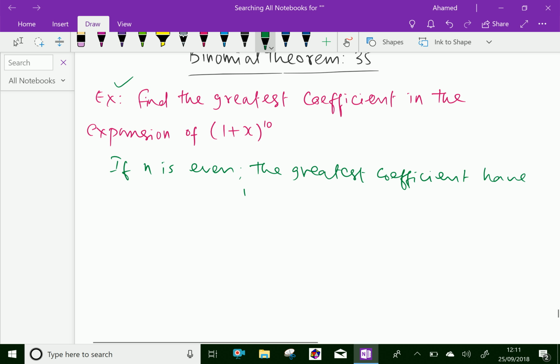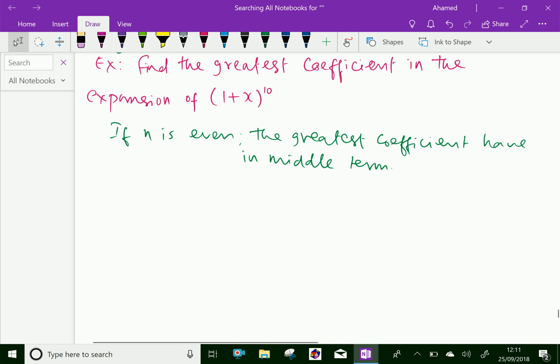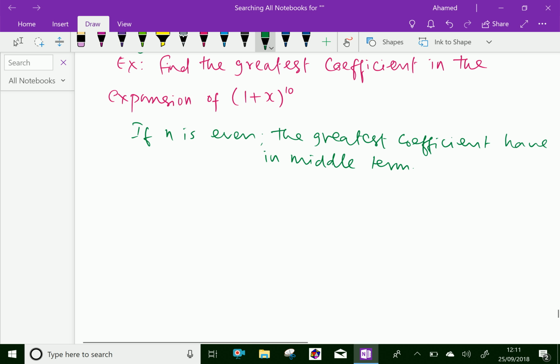We have the middle term. Therefore the greatest term involves r equal to n over 2.